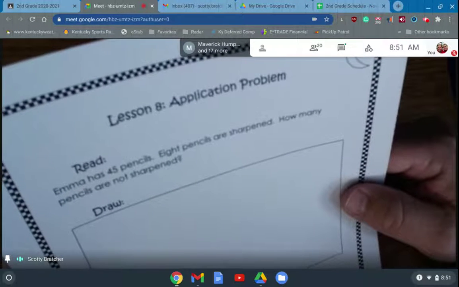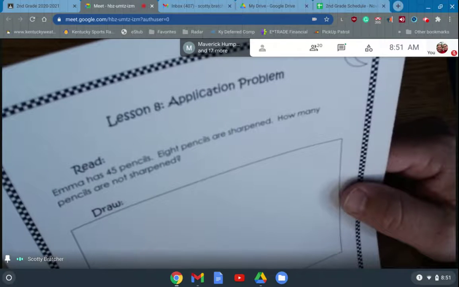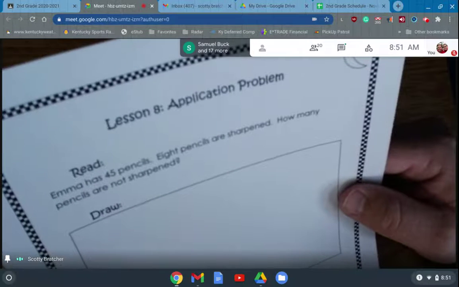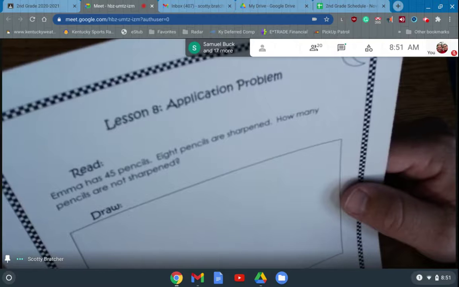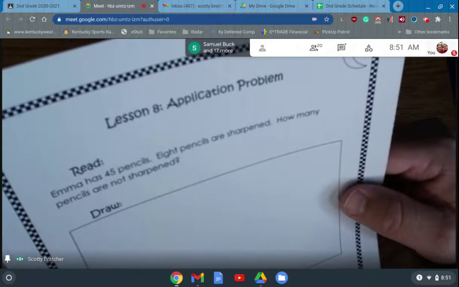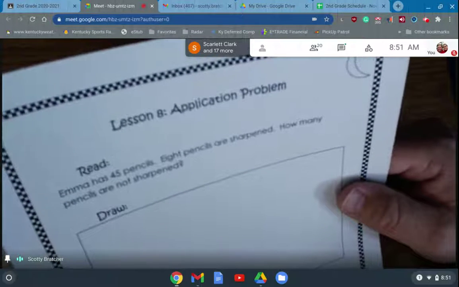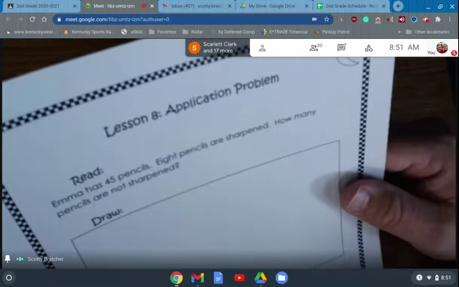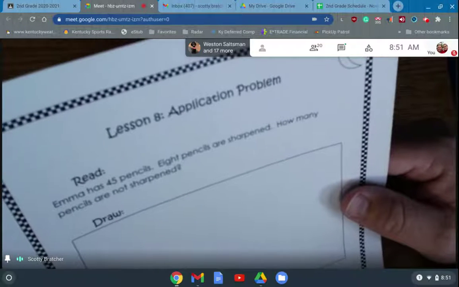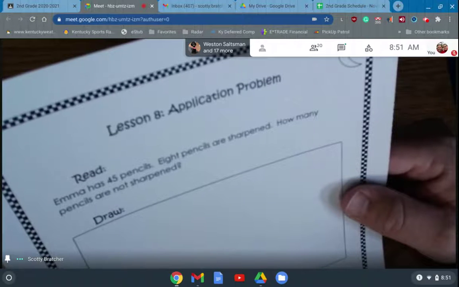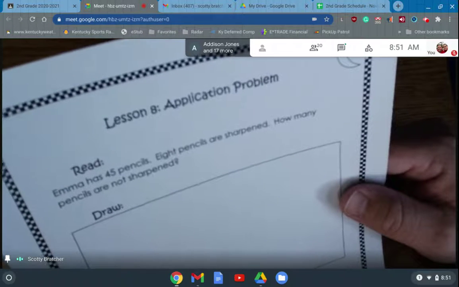Emma has 45 pencils. That's a lot of pencils. 8 pencils are sharpened. I'm thinking, 8 pencils, that's about right. I mean, that would do her all week probably, okay? How many pencils are not sharpened? All right, so I've read it the second time.